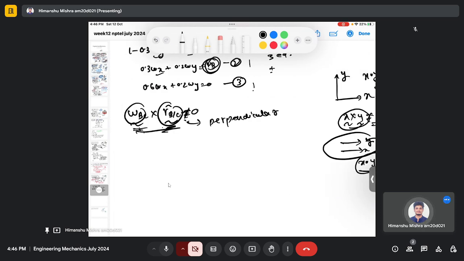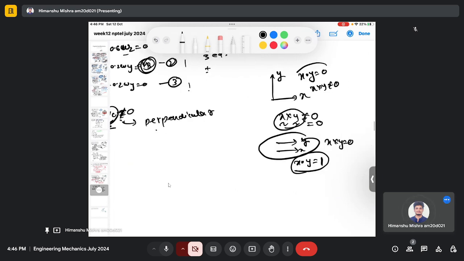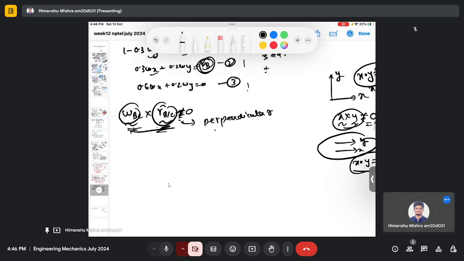So if these are perpendicular, then their dot product should be 0, right?